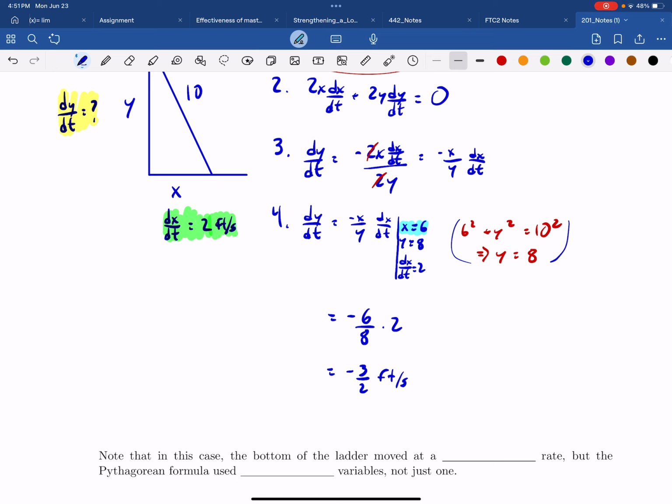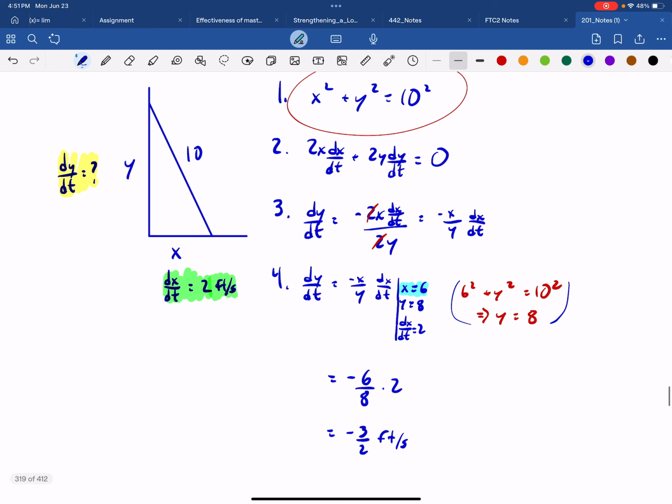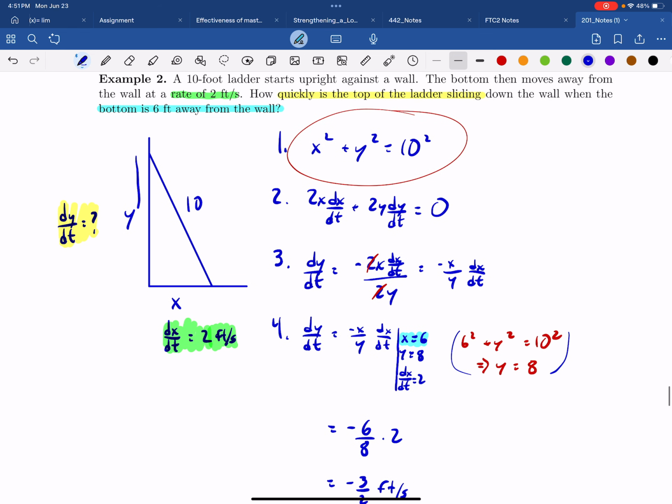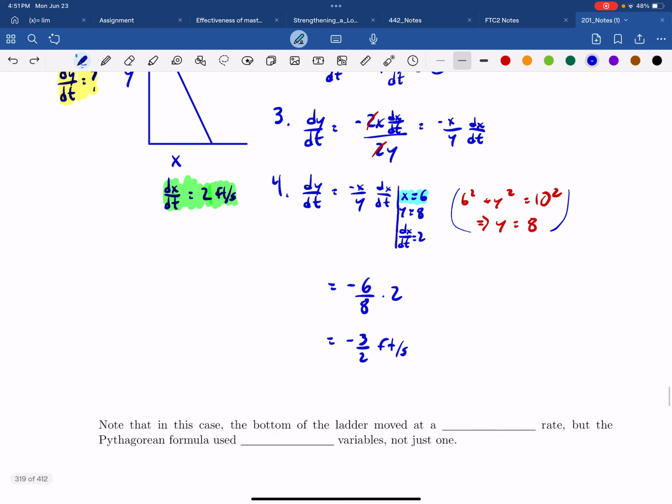Now, that's negative. Does it really make sense for our rate of change to be negative? Yes, it does, because the ladder is falling down. So the height of that top part of the ladder is decreasing. So it does make sense for dy over dt to be negative.